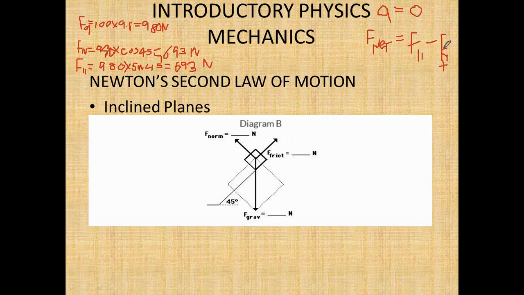Well, we know that that net force is equal to zero because the acceleration is zero. So therefore, the frictional force will have to be equal to the parallel component. And we find that the parallel component is 693. So the frictional force is 693.